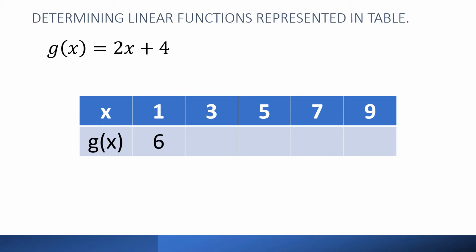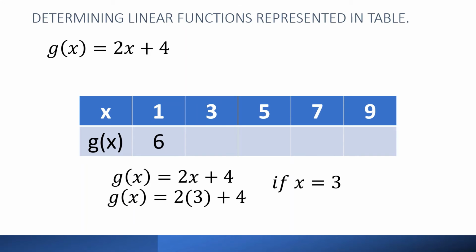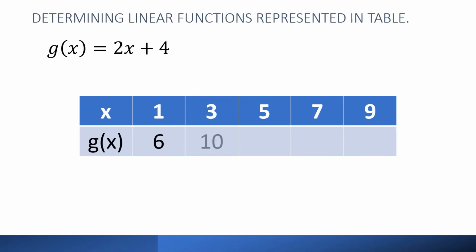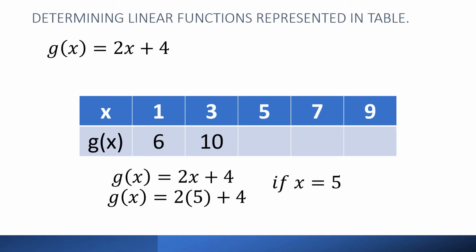Now, if x is 3, so 2 times 3 plus 4. So 2 times 3 is 6 plus 4 is 10. Then next, if x is 5. Again, substitute.